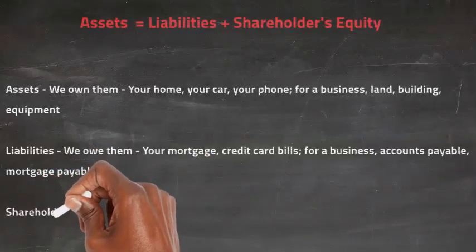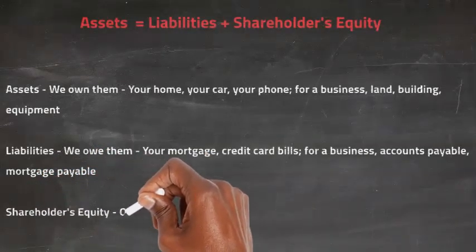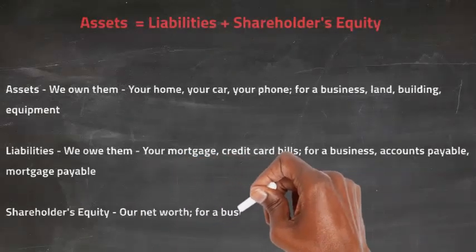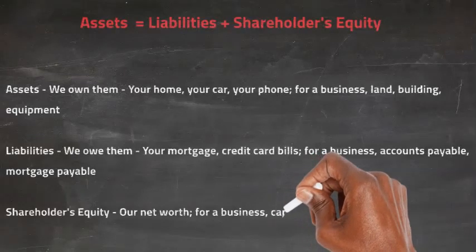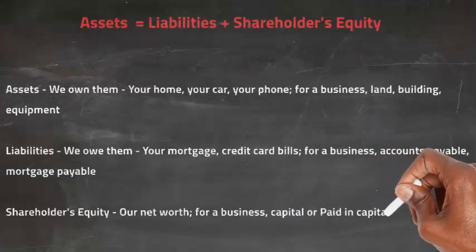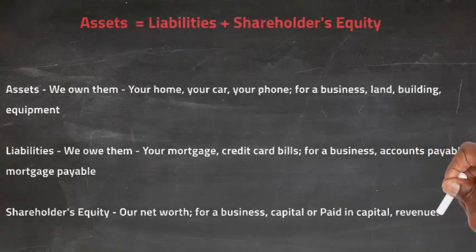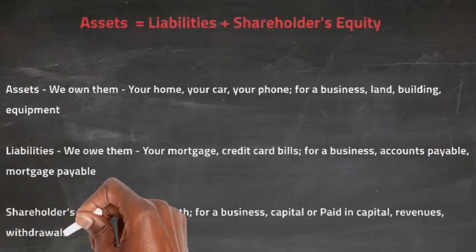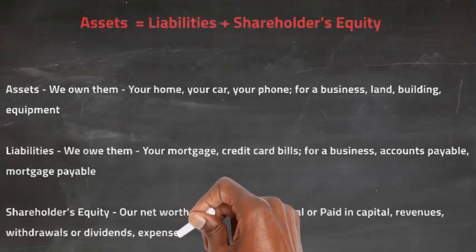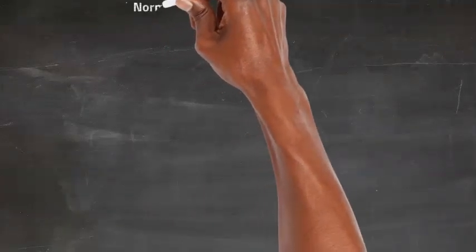Shareholders' equity can be capital for a sole proprietor, common stock or preferred stock for a corporation, revenues, we make money, expenses, we have an expired cost, dividends or withdrawals, the owner takes money out for personal use. These items are the individual accounts within the shareholders' equity section.